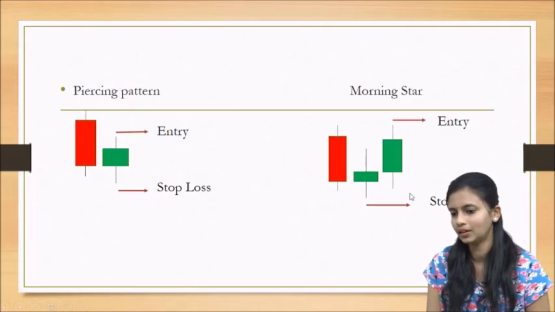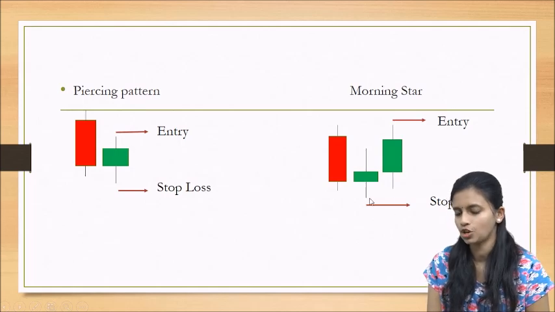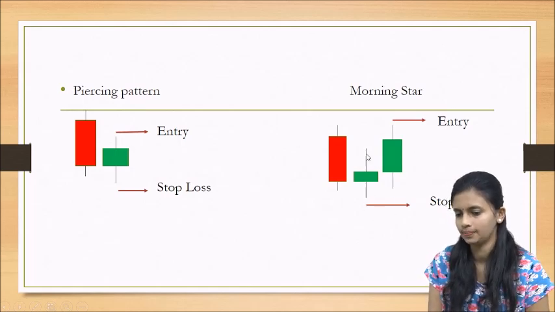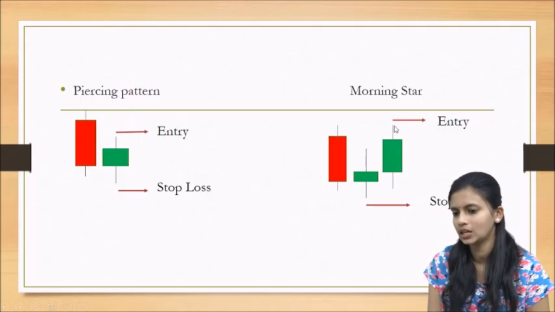Once this third candle is formed and that candle is green, your entry will be just above the high of this candle. Okay, and your stop loss will be below the low of this doji, and above the high of this green candle will be the entry.